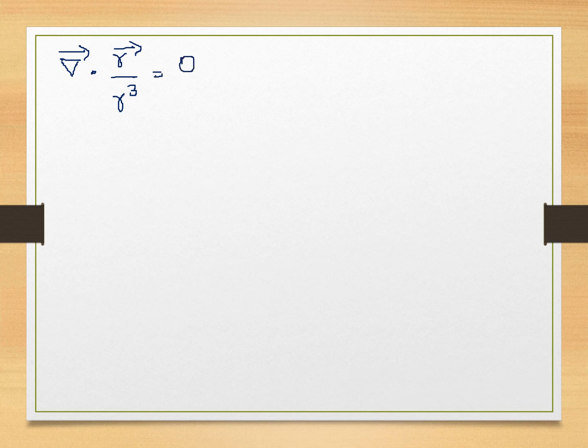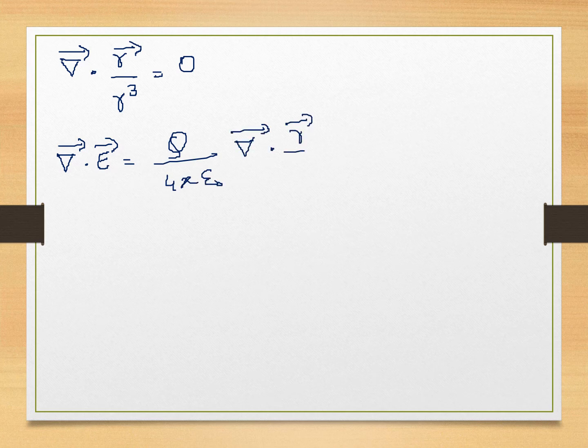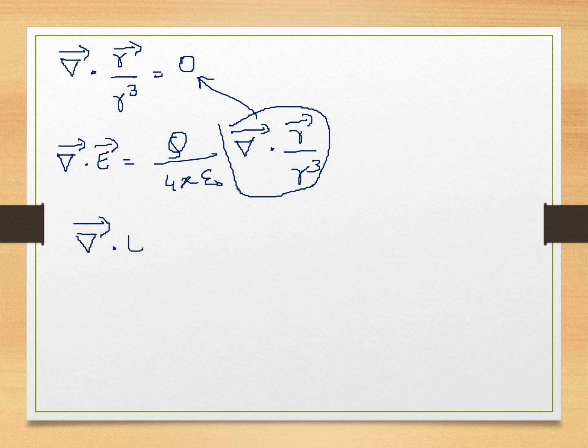As this term is equal to 0, we get del dot E vector is equal to 0.